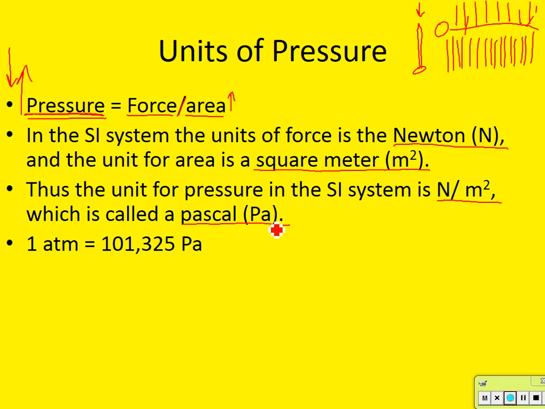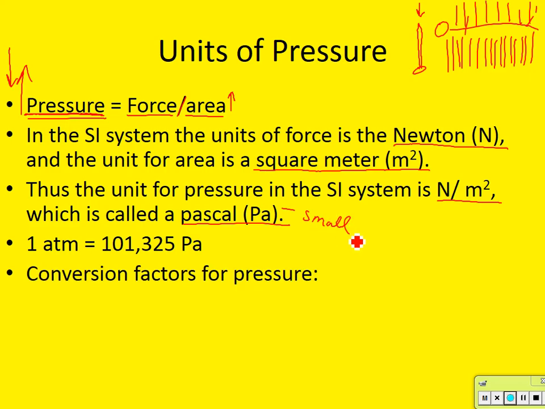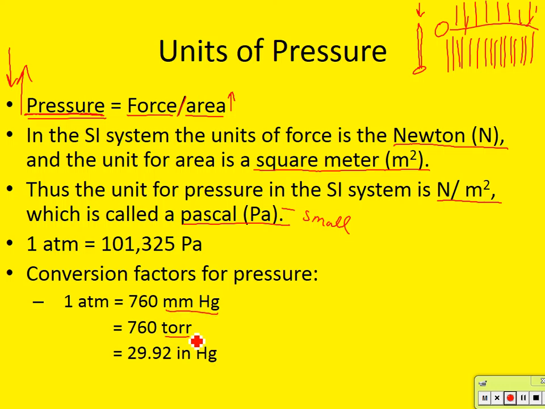A pascal is a very small unit of pressure. So, conversion factors for pressure: 1 atmosphere is equal to 760 millimeters of mercury. It's also equal to 760 torr. Remember, millimeters of mercury and torr equal the same thing, so that makes sense.